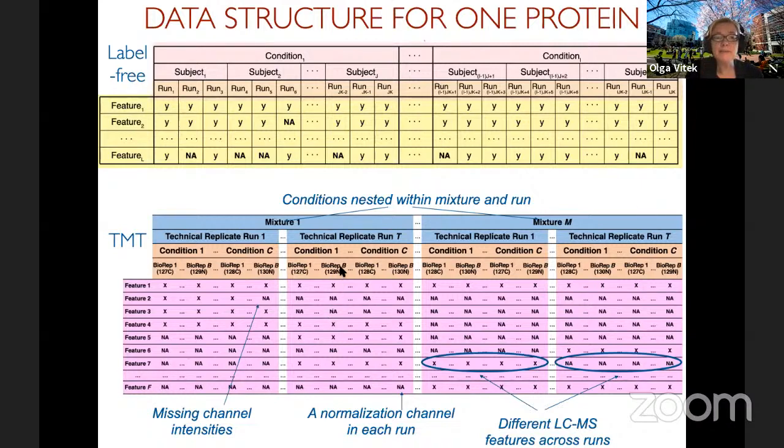And so there are multiple distinctions now between these data structures. In label-free experiments, the runs are grouped by subject, and subjects are grouped by condition. But now the situation is flipped because we have biological replicates within conditions, just as before. And let's say for simplicity, we have 2 groups or 3 groups, and we can fit multiple replicates of each group within the same plex.